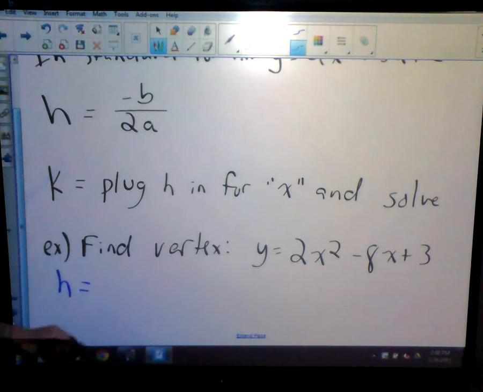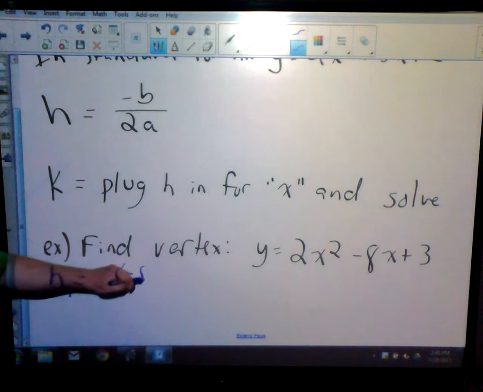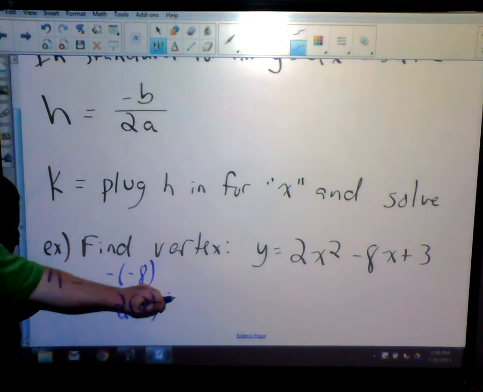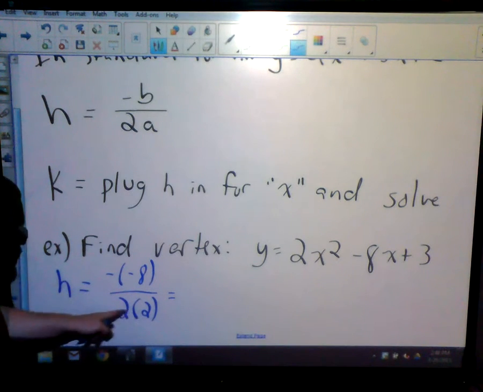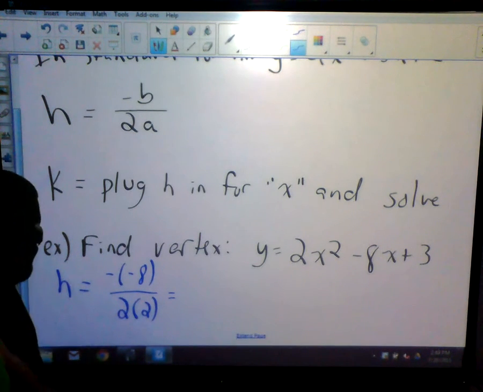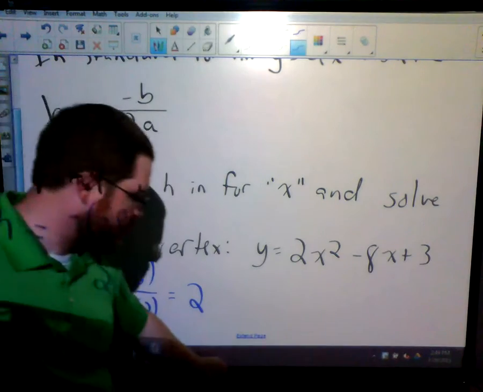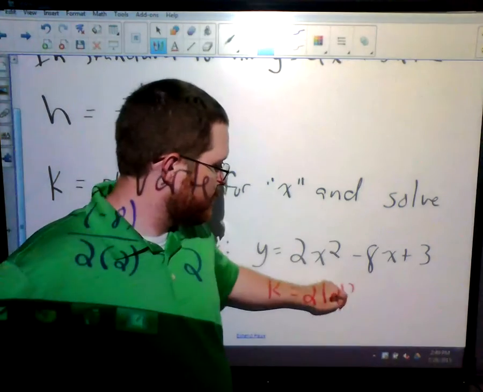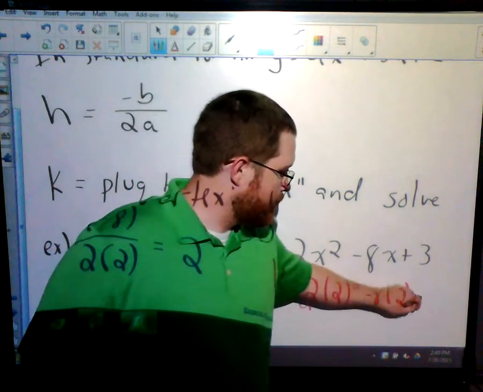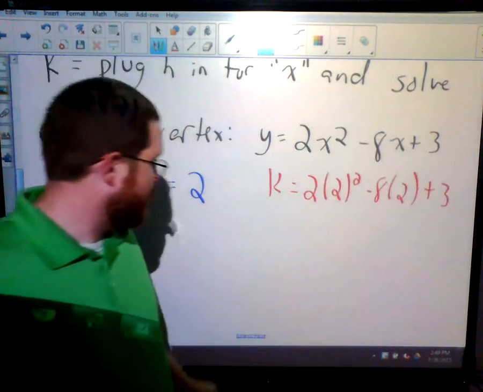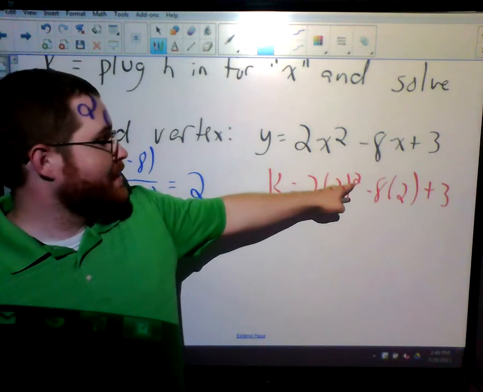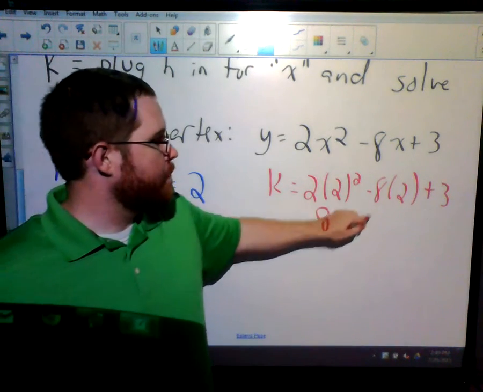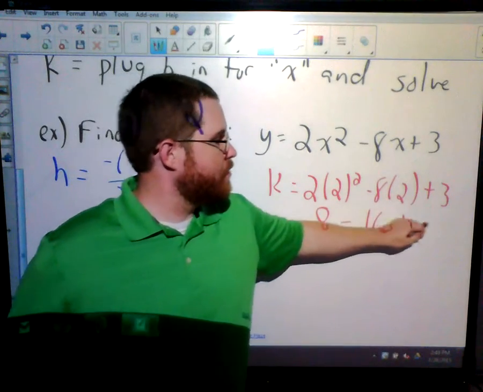So h equals the opposite of b divided by 2a. That's positive 8. That's positive 4. 8 divided by 4, 2. So to find k, let's plug 2 back into my equation. 2 squared is 4, times 2 is 8, minus 16 plus 3.